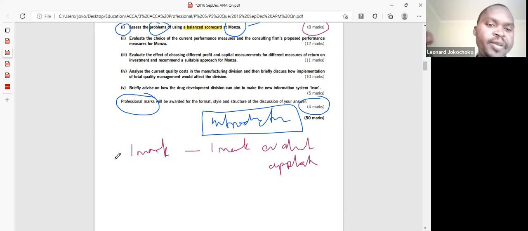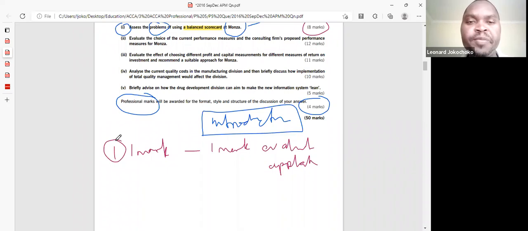So you raise the problem. This is how I'll write my first point. In the introduction paragraph, I remember I said that you write an introduction paragraph. I'll write it like this. I'll try to go a little bit slow, but if you want to type what I'm saying, it might help you. As senior managers, the performance of a company is very crucial.